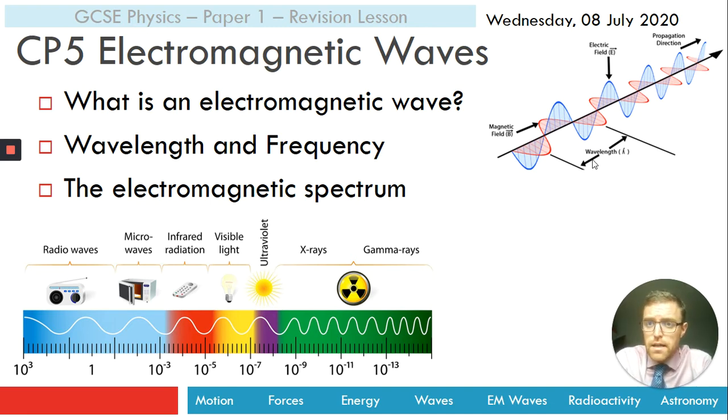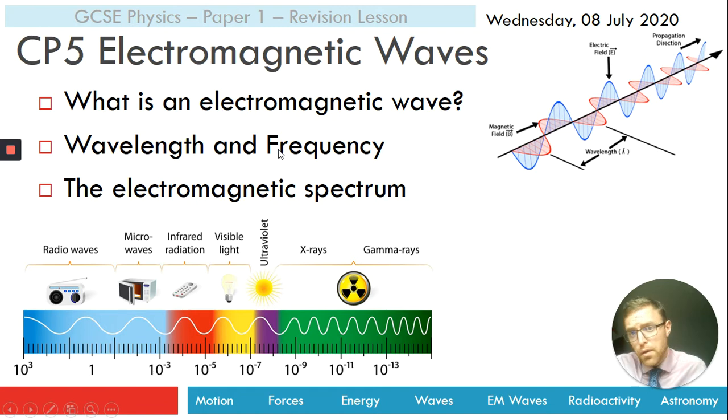What is an electromagnetic wave? It's an oscillation in the background electric and magnetic fields. It travels at the speed of light in a vacuum, 3 times 10 to the 8, and has associated with it a wavelength and a frequency.